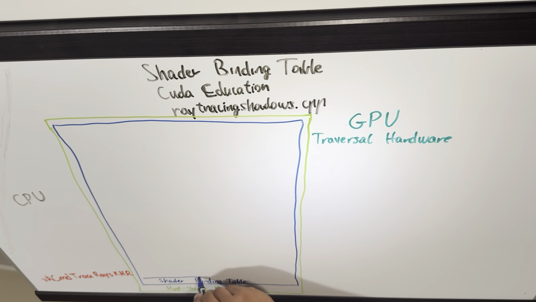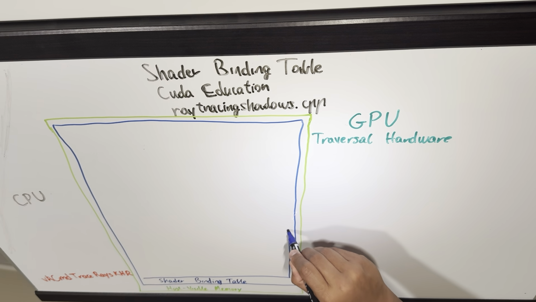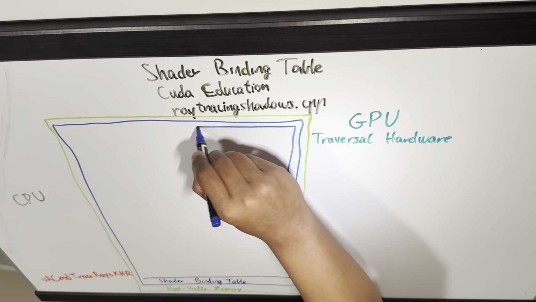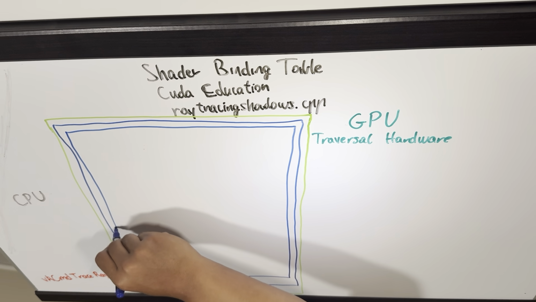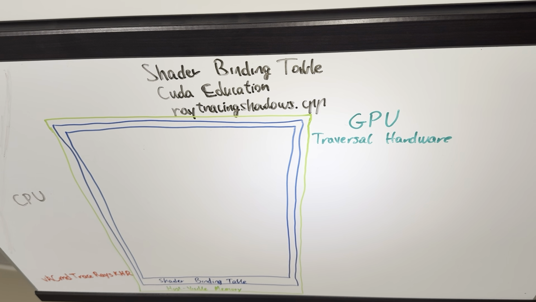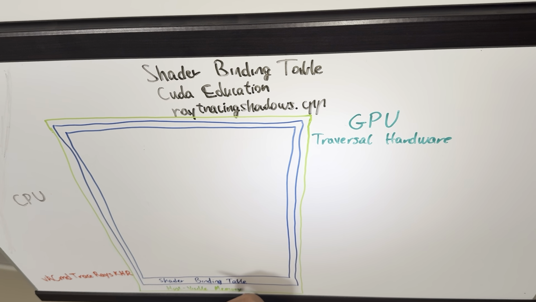And then within the shader binding table, we have what I call SBT, shader binding table handles.